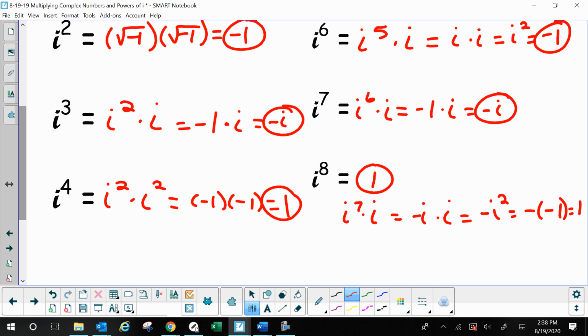There's a trick, so you don't have to do all this work. I'm just showing you how to derive it. Make sure you have a calculator, or you can use your phone for this if you don't have a calculator.